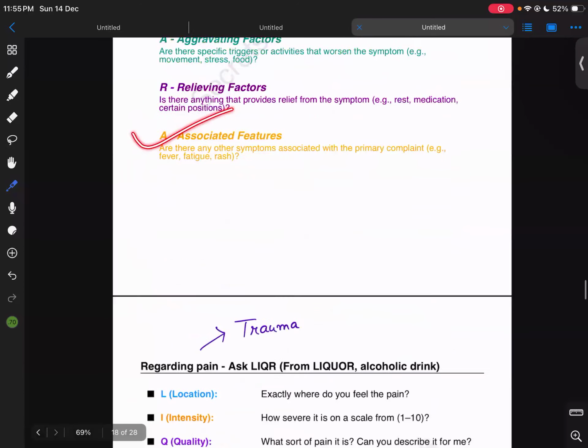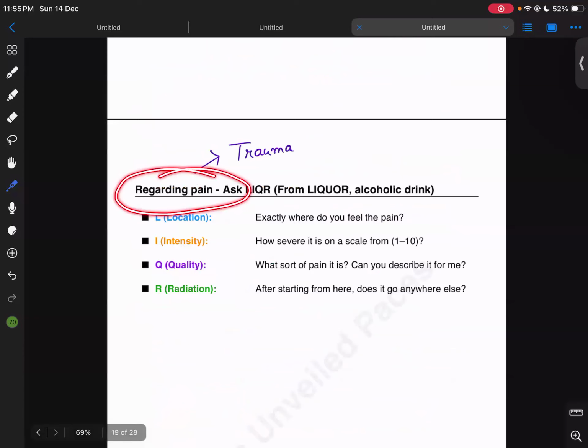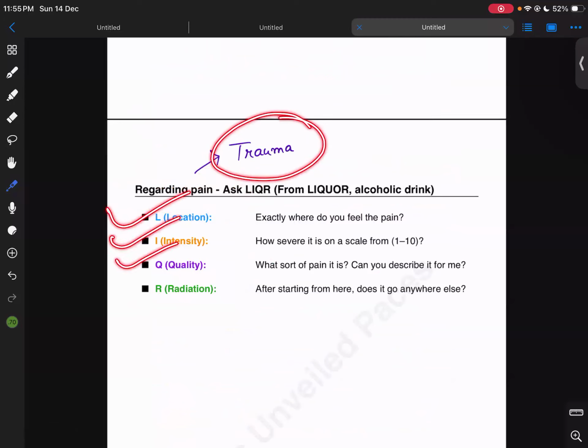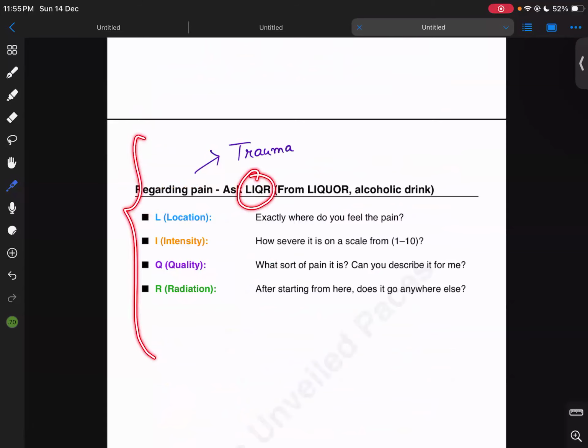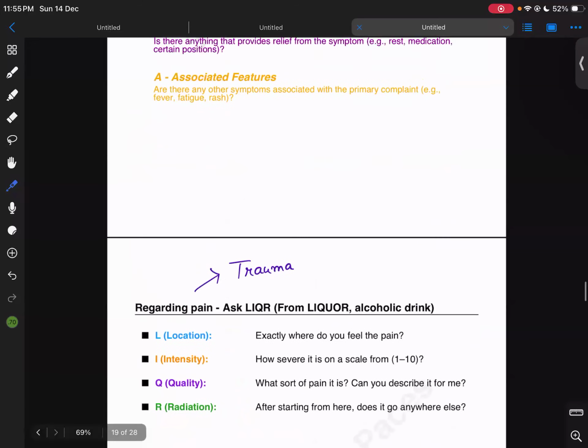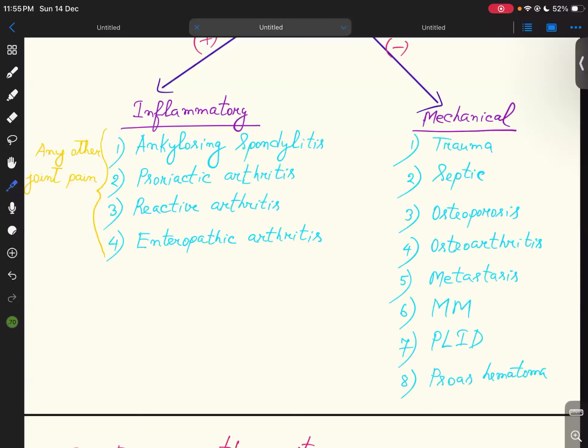These are ODIPARA. And for any pain, first we have to ask about the history of trauma, then location, intensity, quality, and radiation. This is a funny mnemonic, and it is provided as a PDF sheet to the active participants.